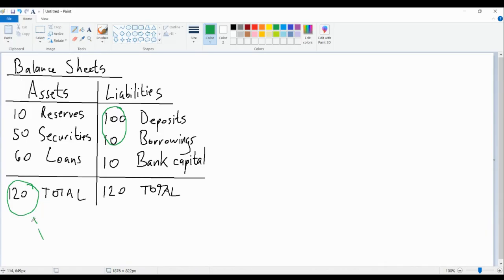So it has a total of 120. 110 belong to other people or entities. So if you take the total 120 and subtract the 110 that belongs to other people, this bank capital is what's left over, so to speak. Left over for who? Left over for the owners.